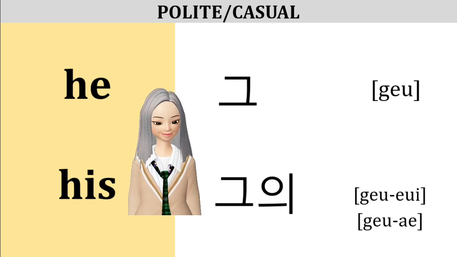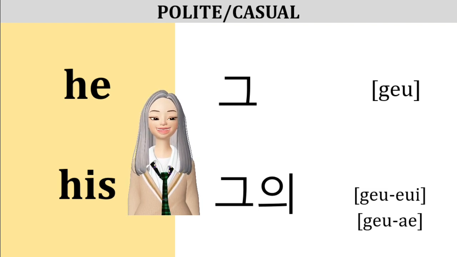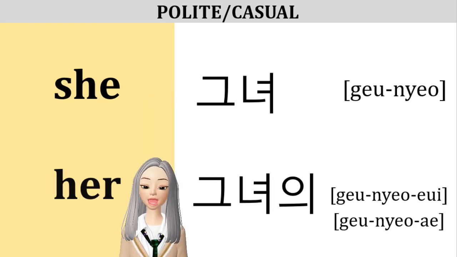Possessive form, his, would become 그의. Easily put, it's 그에. She, again, is the same in polite and casual way. 그녀. Possessive form, her, is 그녀의. Or 그녀에.